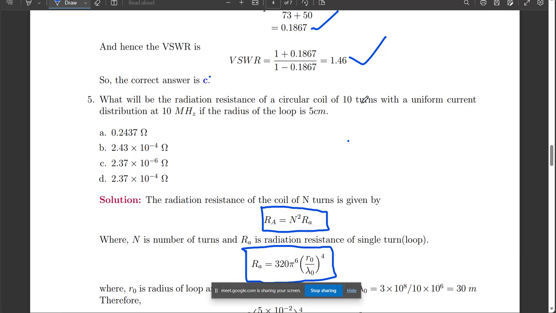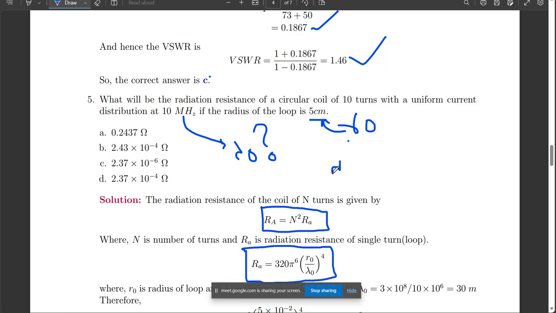Okay. So R naught here is 5 centimeters, and corresponding to this, can we find out lambda naught? Yes. How?